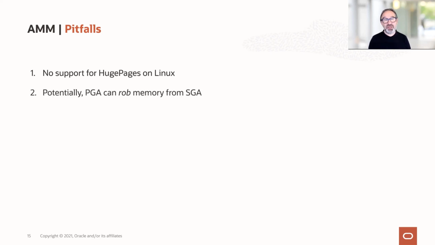Potentially, the PGA can rob the SGA, because now you don't tell the database this is my SGA target and this is my PGA aggregate target. You tell the database, oh, this is the pool, and do what you think is best. It sounds fantastic, but in reality, this can lead to terrible situations where you do certain actions with your clients and the clients allocate more and more PGA and request more and more PGA.